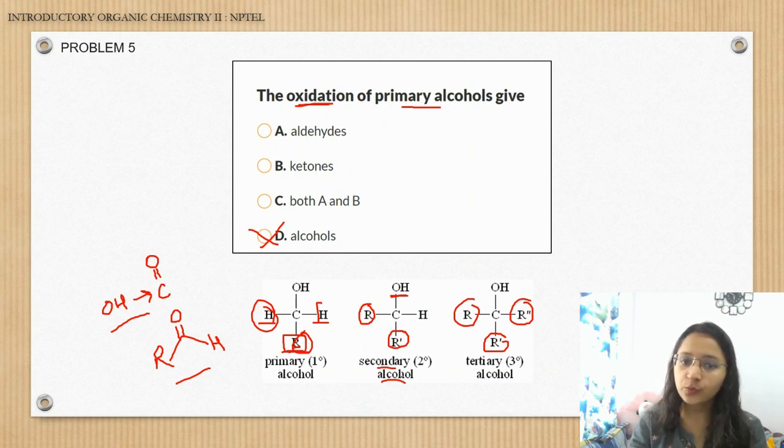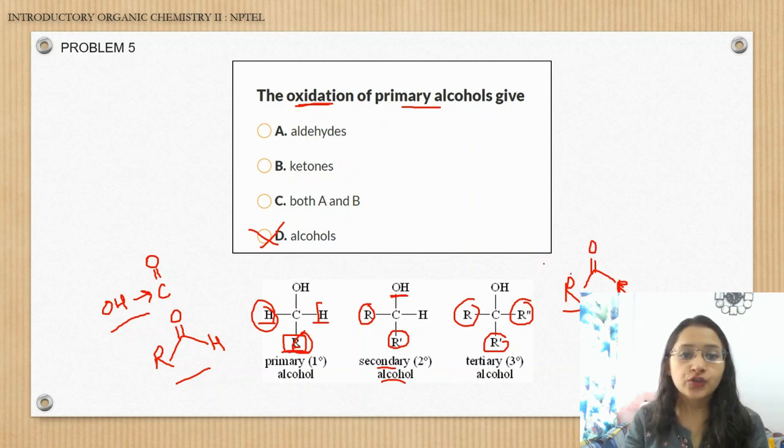So what will it give you? The end product will be like this for secondary alcohol, I'm saying. So what is it? Ketone group. Yeah. So, do you understand now?